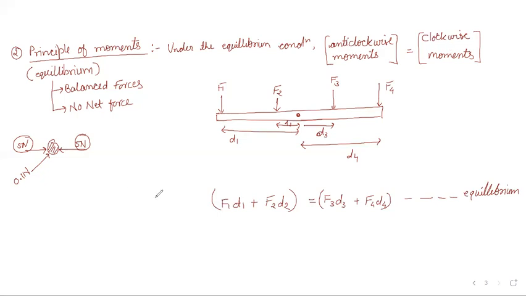Now if you look, F1 D1 plus F2 D2, their moment is anti-clockwise. The moment produced by F1 D1 is anti-clockwise, and by F2 D2 is anti-clockwise. So they support each other to give a resultant anti-clockwise moment.